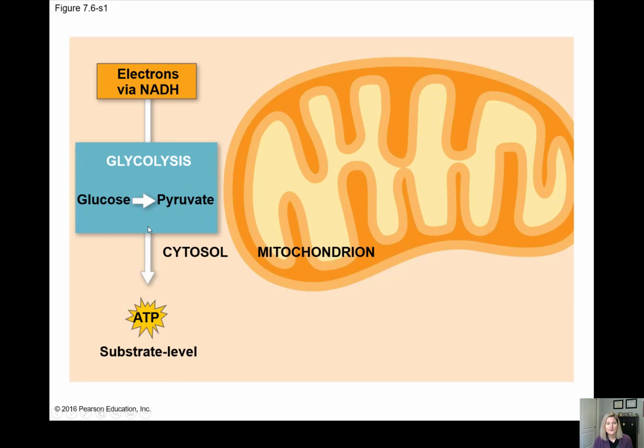The product is pyruvate, which will then make its way into the mitochondria to be further broken down. This process in itself produces a little bit of ATP. And since it's an oxidation reaction, glucose essentially loses electrons that get attached to our electron carriers to form NADH. That's going to enter the mitochondria.